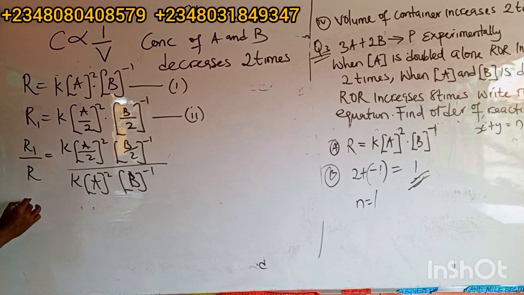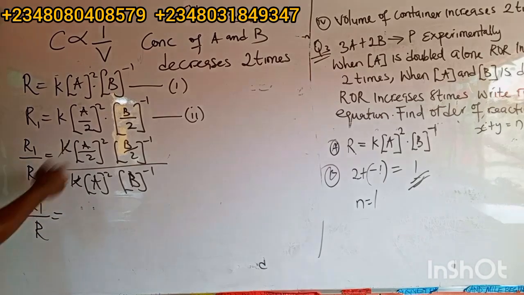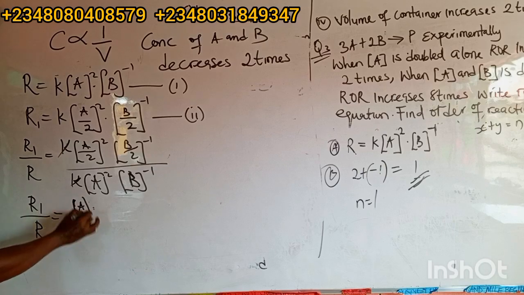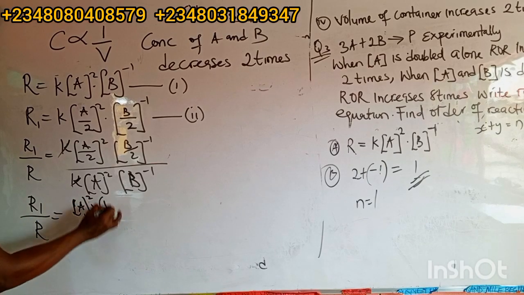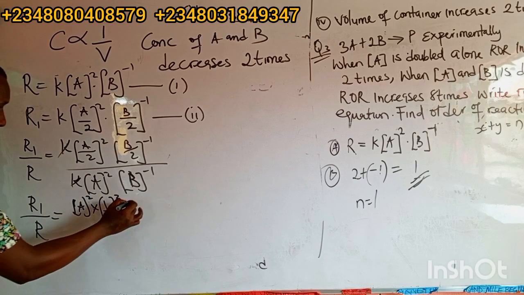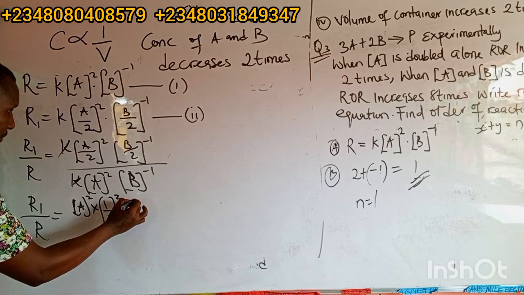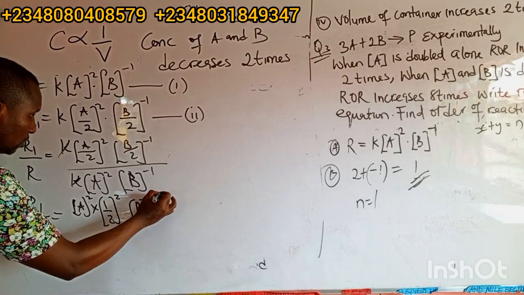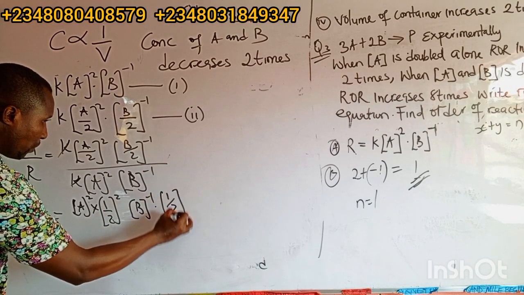This thing, it means what? You have R1 over R equal to K, cancel K. You have A squared times 1 over 2 squared. Then for B raised to power minus 1, times 1 over 2 raised to power minus 1.